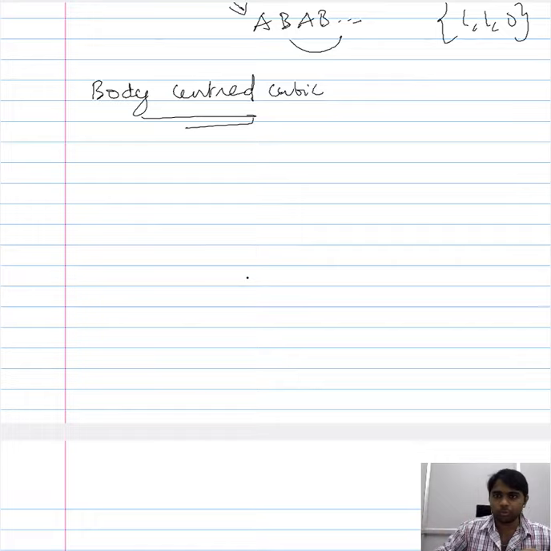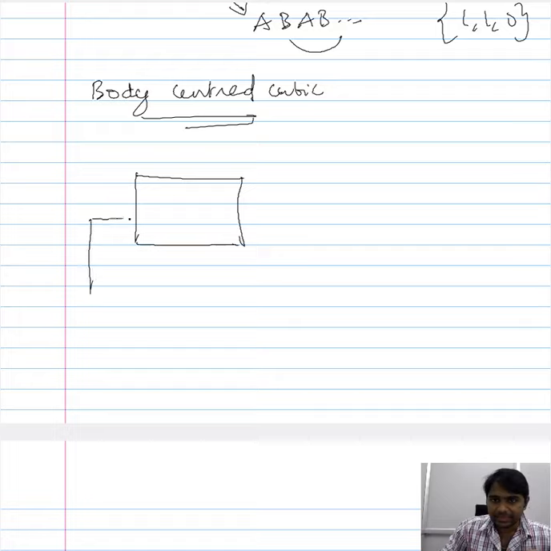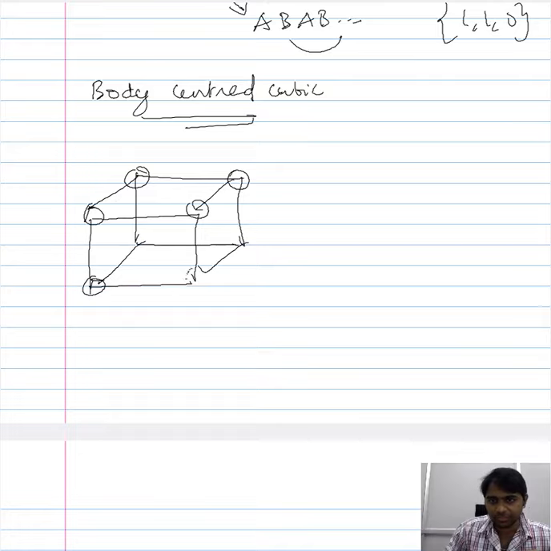Now the difference between the simple cubic and the body centered cubic is that you have an atom present at the dead center of the simple cubic structure. So this is just a simple cubic structure. You would have an atom in each of the corners of the unit cell, and the one key factor that differentiates simple cubic from body centered is the position of the atom at the dead center.